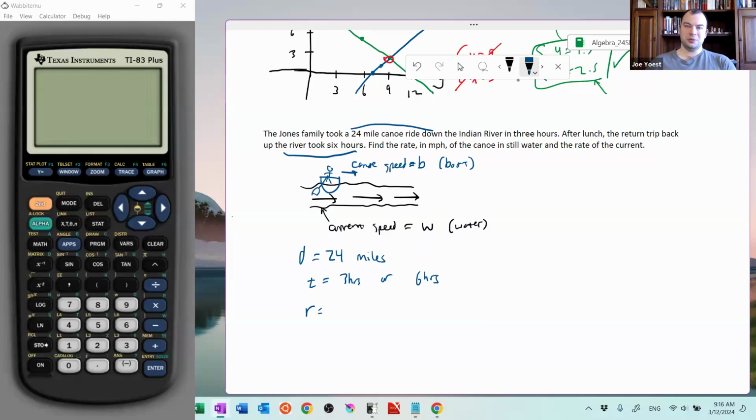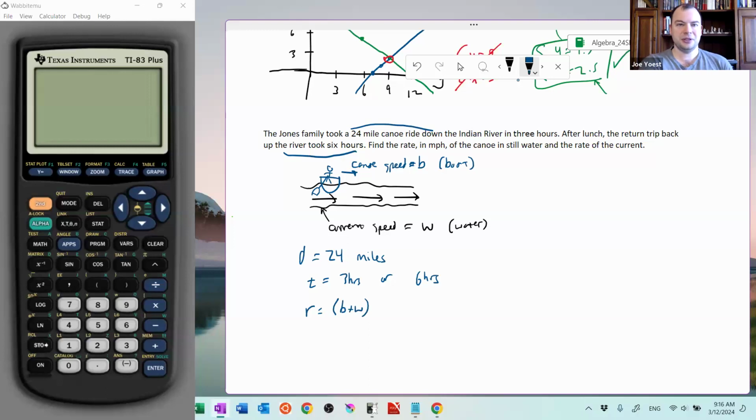So when their speed gets added to the speed of the current, they're going faster. They're going to cover the 24 miles in less time. So the rate is going to be B plus W associated with the 3-hour time period to cover the 24 miles. That's when they're going with the current.